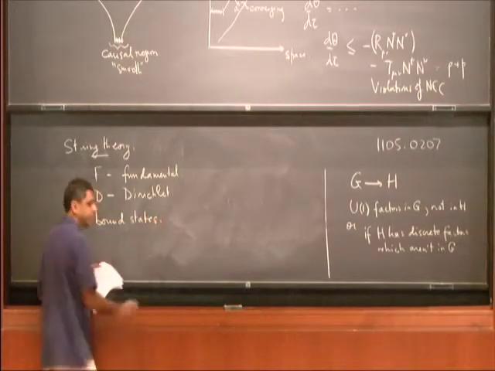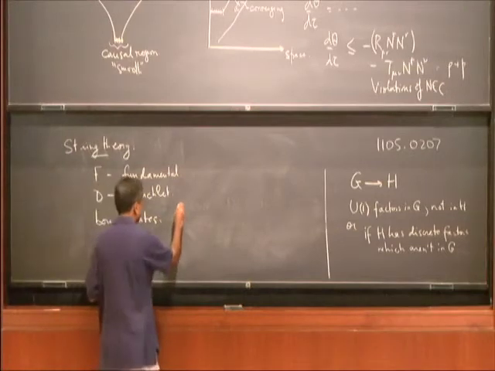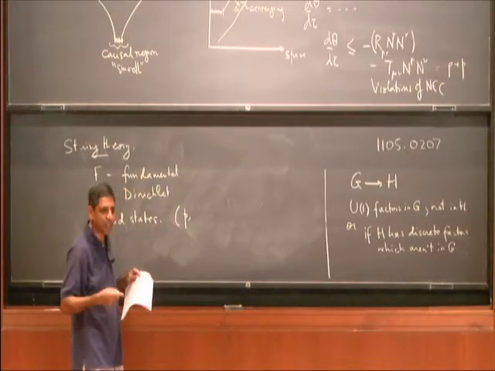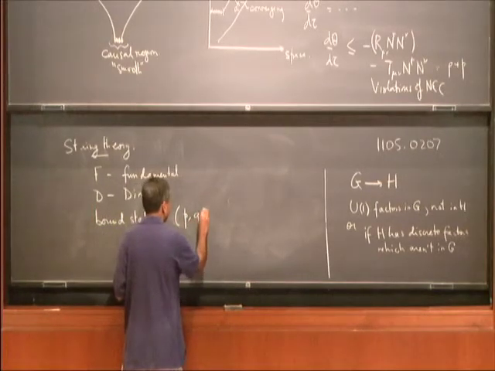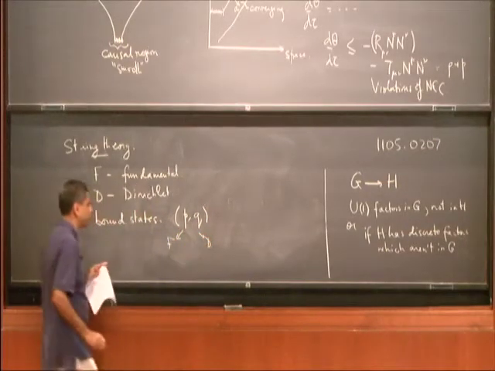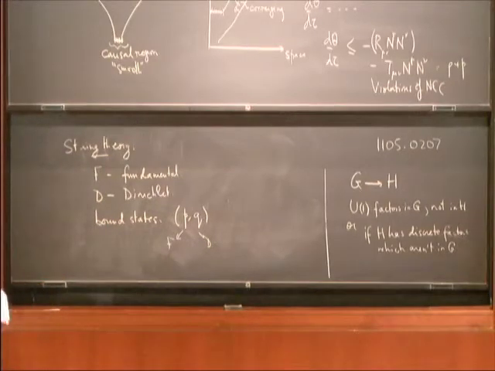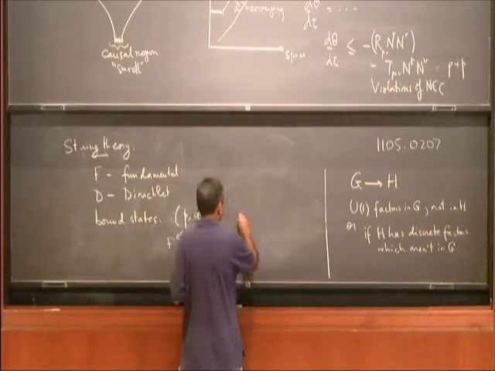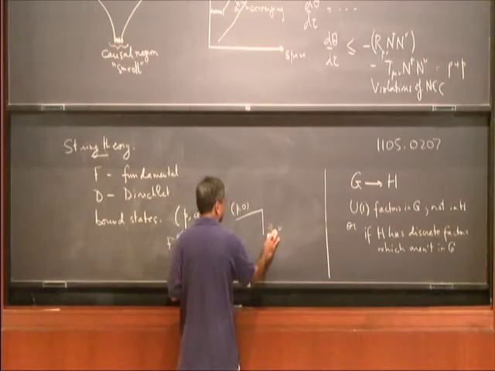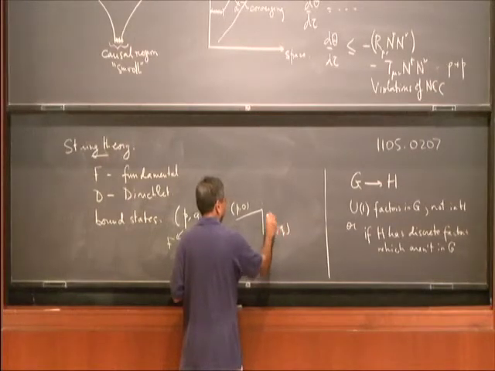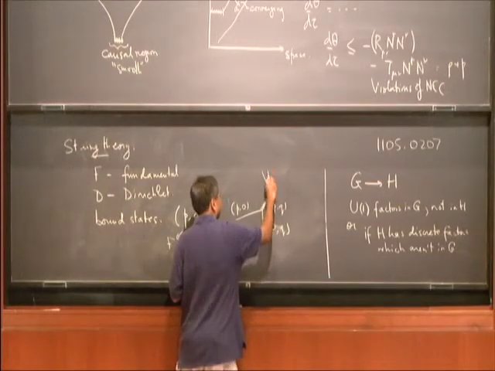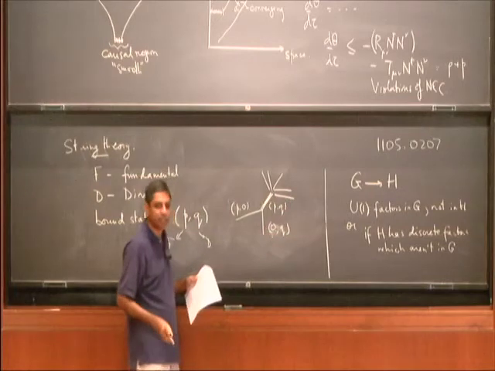And these bound states are basically labeled by the charge in the F, like how many times there's a winding in the F side and how much there is in the D side. This is F and D. But now you have a very complicated situation. For example, you can have a P0 string come in, a 0Q come in, and you can have a bound state with a PQ, but then you have many other types going out, right?